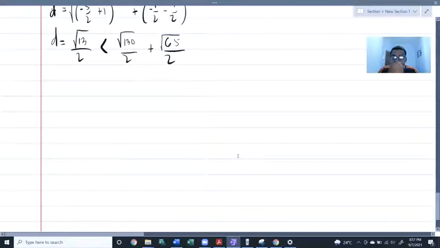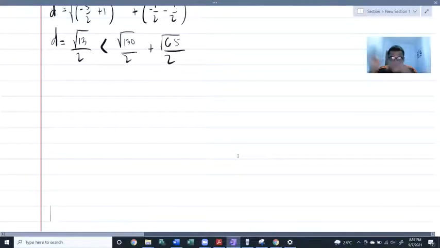But suppose that the distance is greater than the sum of the radius, we can say that the two circles will not intersect. The two circles will be externally tangent if the distance between the two centers is equal to the sum of the radius.